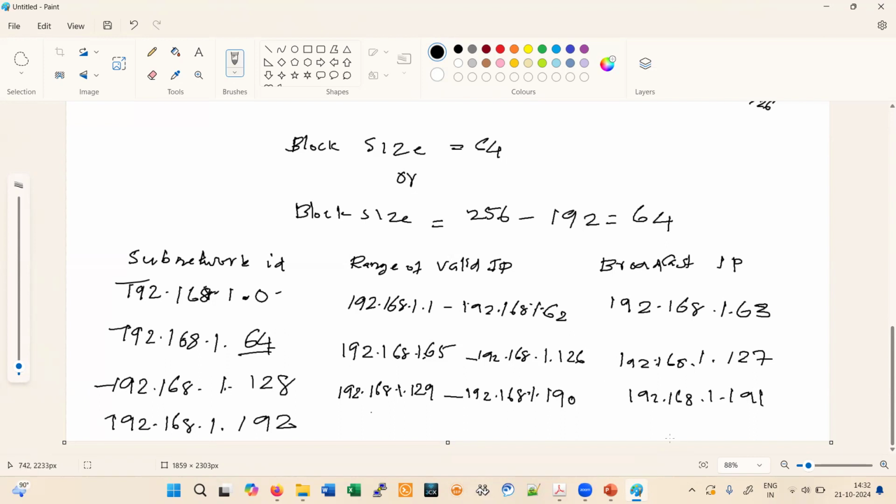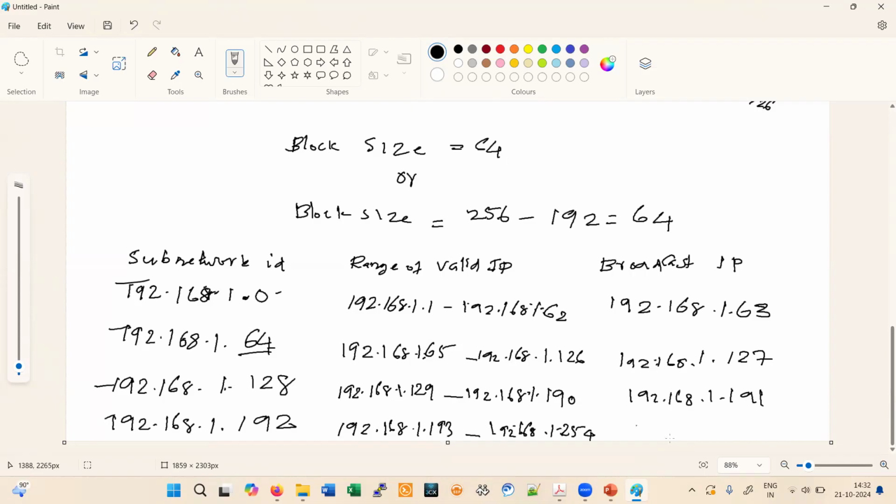Then the last network valid IPs are between 192.168.1.193 and 192.168.1.254.